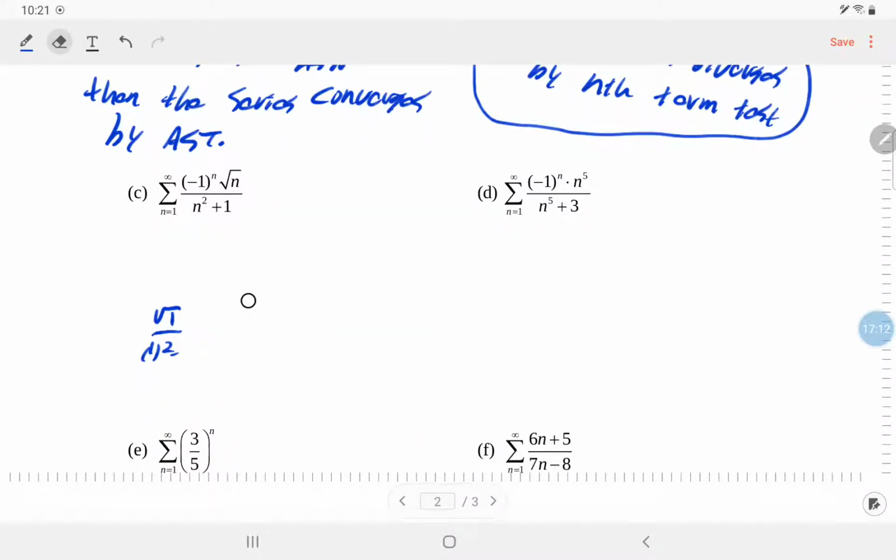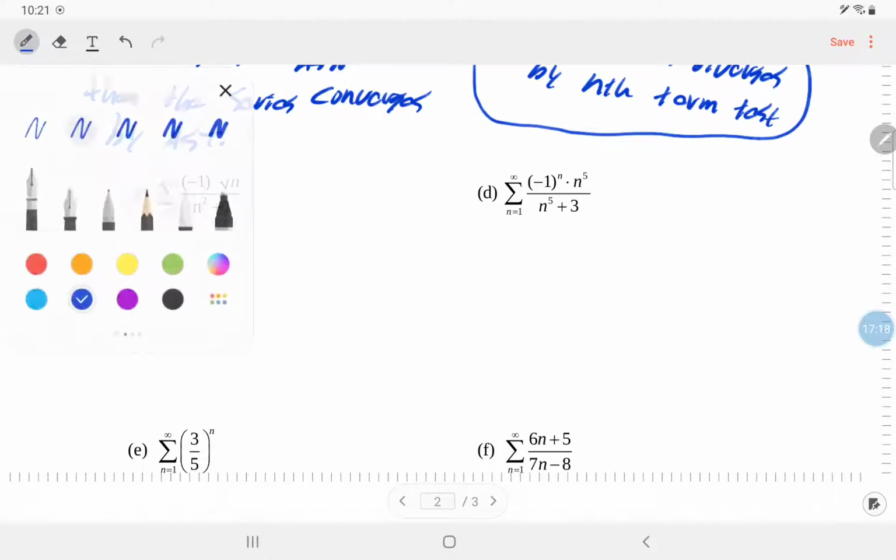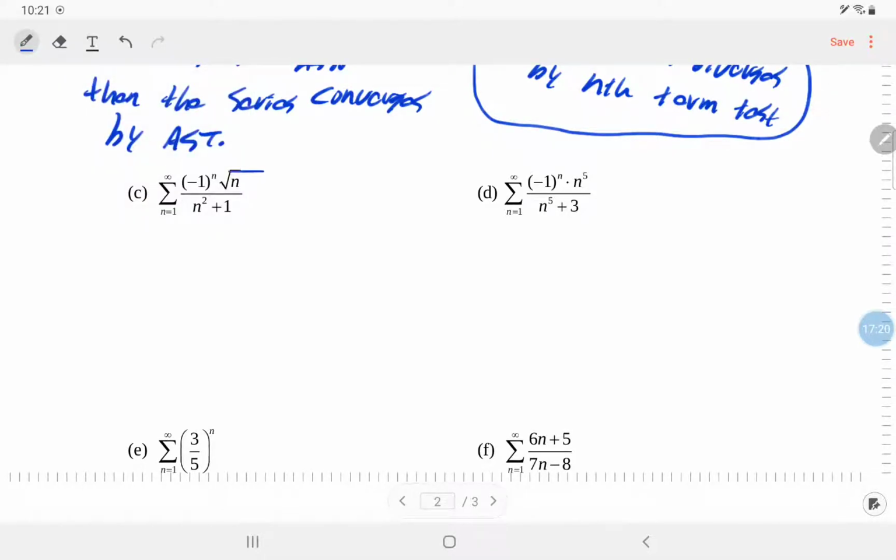Now again, that last little step here where I showed you finding the terms to show this is decreasing, typically I don't do that because I can tell, if it's bottom heavy, if the power on the bottom is bigger than the power on top, it's going to decrease.